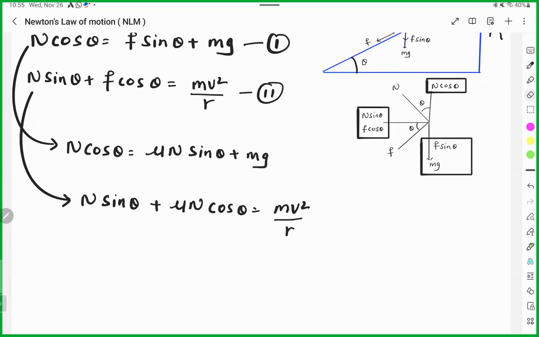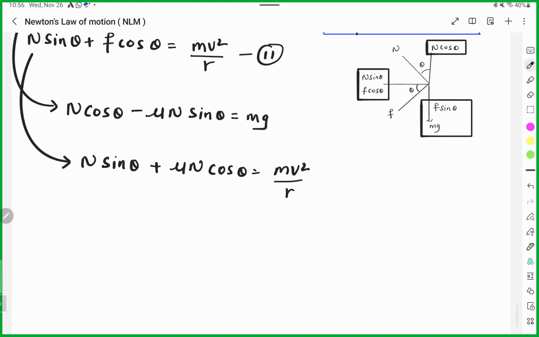I can do one thing to make it easy. I will take this nu n sin theta on the left hand side and make it equal. If this is the situation, I can do one more thing to make it easy. I can take this normal outside and multiply with them, right?